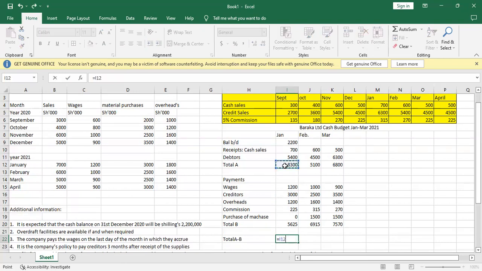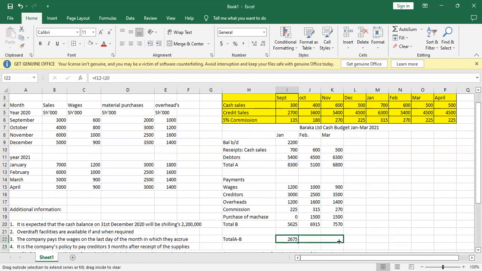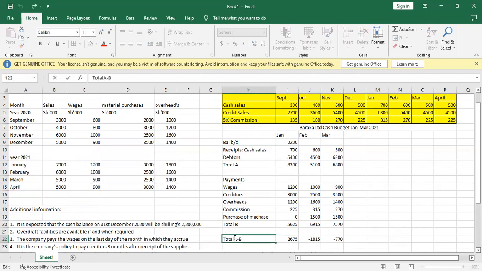So I'm talking of this cell minus this cell. Then I can scroll. But you can see we are getting a negative. But you can see in the month of January, we have a surplus. So a surplus of 2,000.